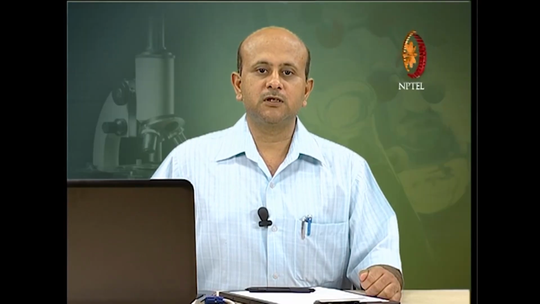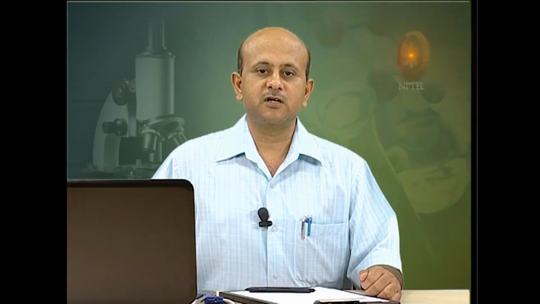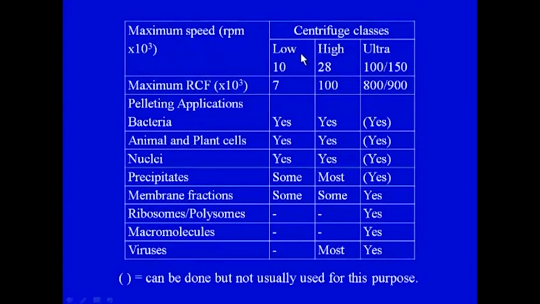In terms of speed, that is revolutions per minute, and the maximum relative centrifugal field which could be achieved, centrifuges can be classified into low speed, high speed and ultracentrifuges.